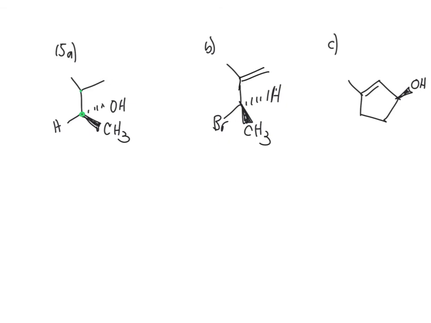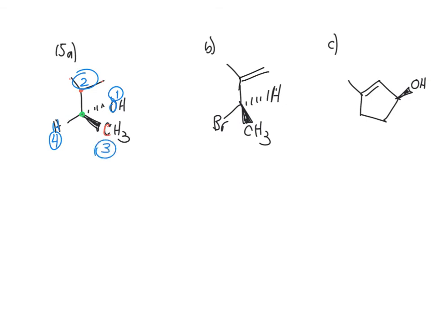That's the same thing. So let's assign priorities. Which one's 4? Hydrogen. Which one's 1? Oxygen. Then we have a carbon and a carbon. This carbon is bonded to 2 carbons, and this one is bonded to 3 hydrogens. So this would be 2, and this would be 3.